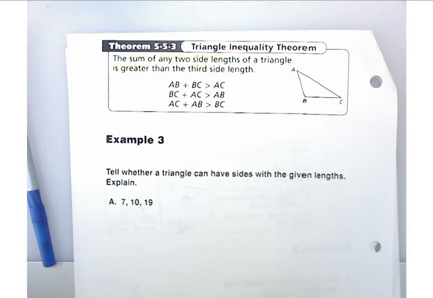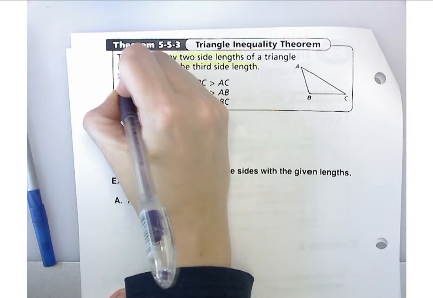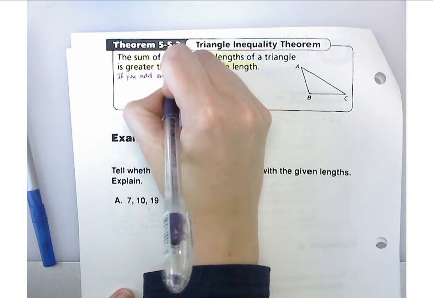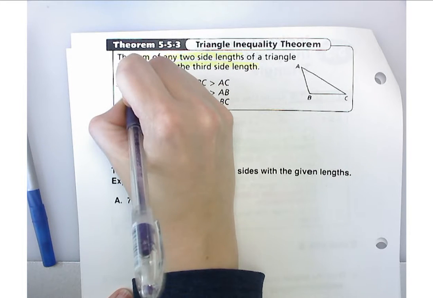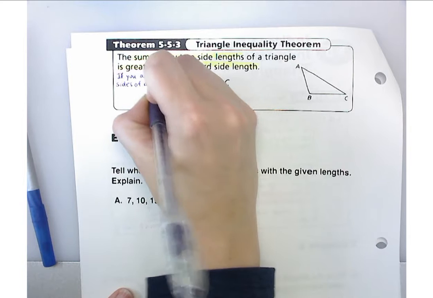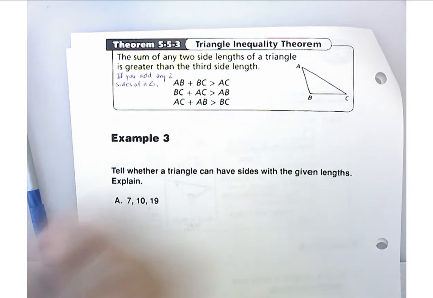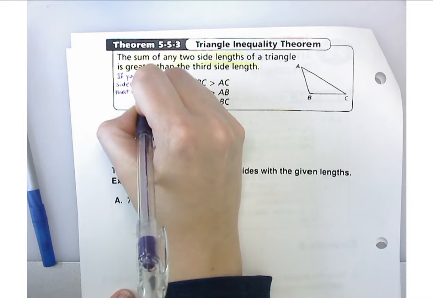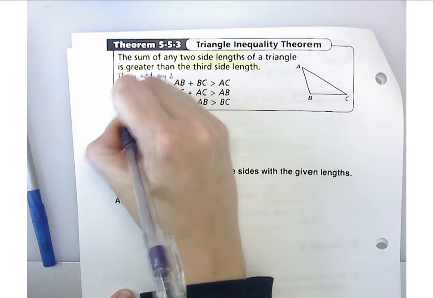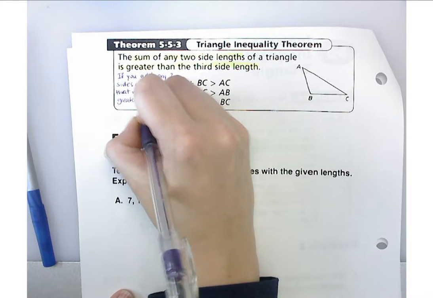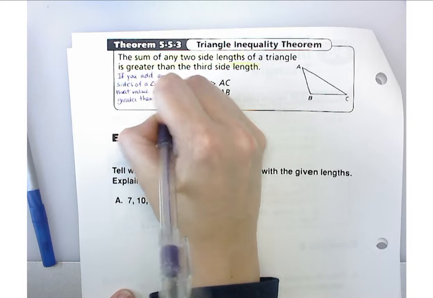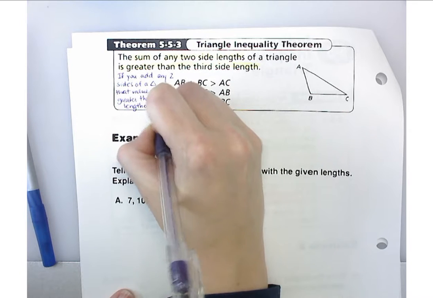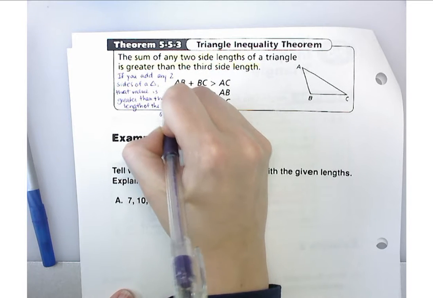Okay? So if you add any 2 sides of a triangle, that value is greater than the length of the third side.